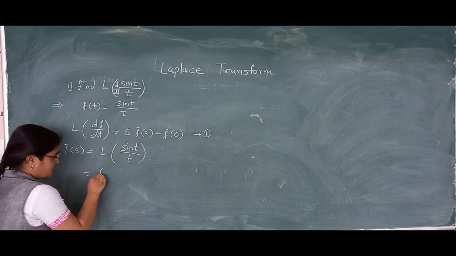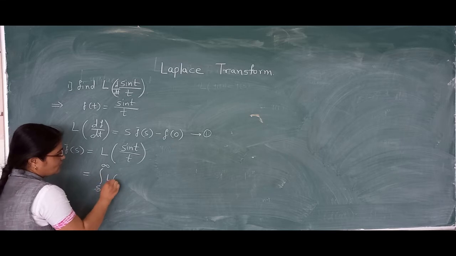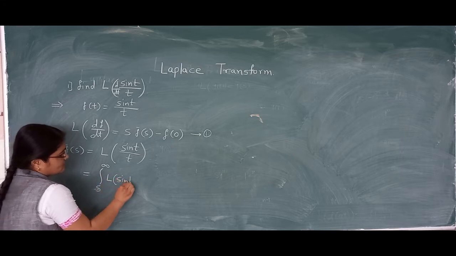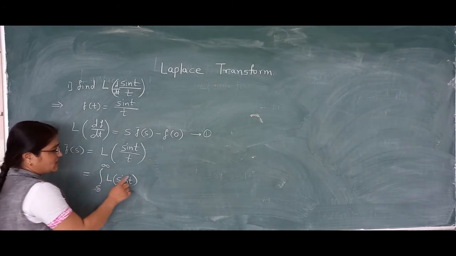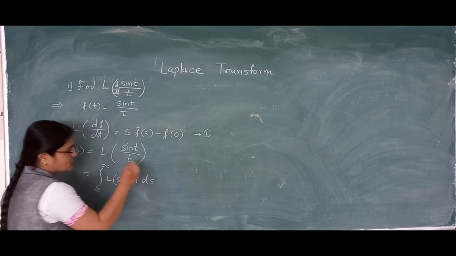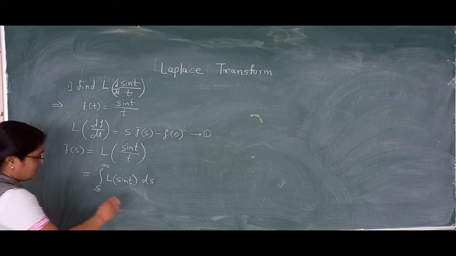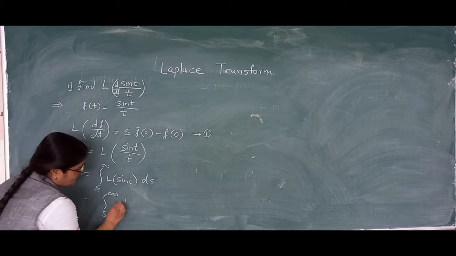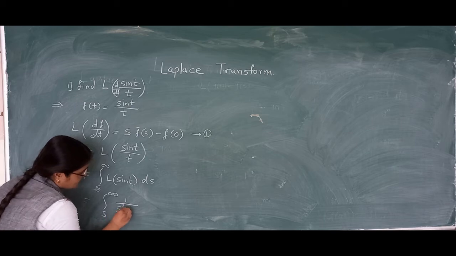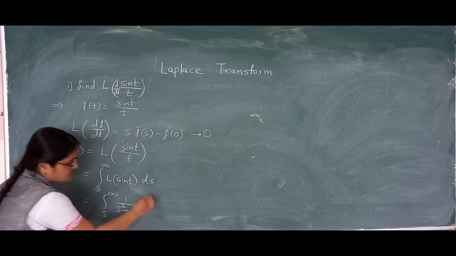The divided by t property says that take an integration from s to infinity of the remaining function. The remaining function is only sin t. So Laplace of sin t with respect to s is equal to the integration from s to infinity of 1 upon s square plus 1.